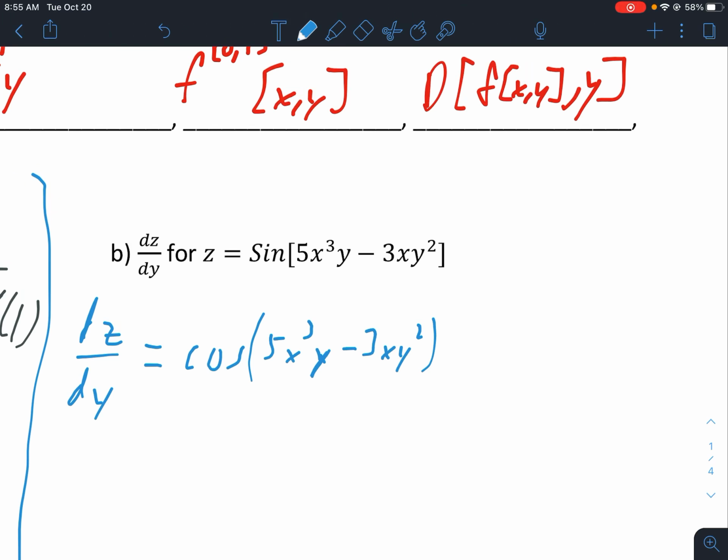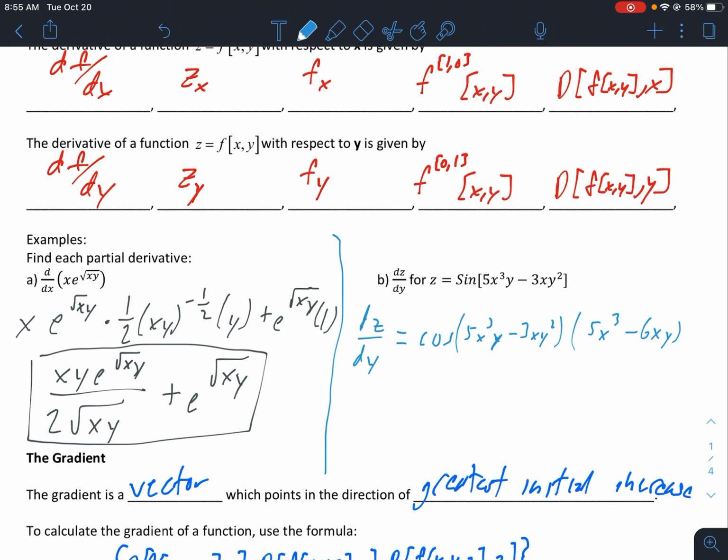And times the derivative of the inside function. Remember, this is with respect to y, so the x is treated like a constant, and the y is our variable there. So that'd be it.